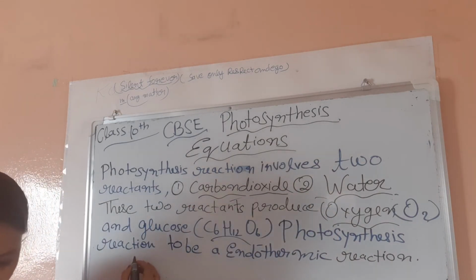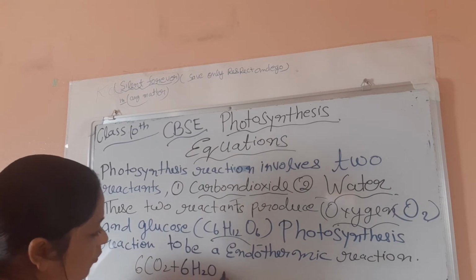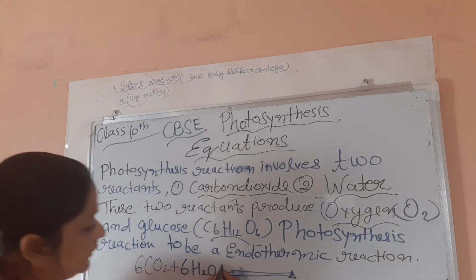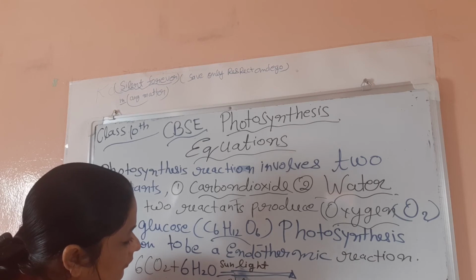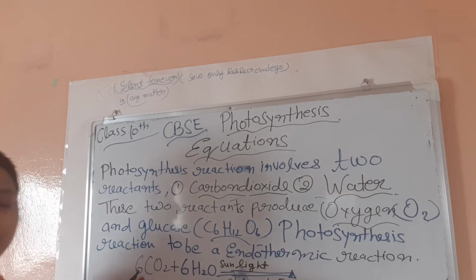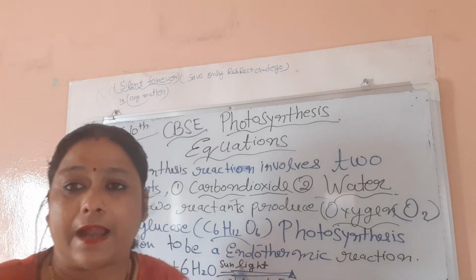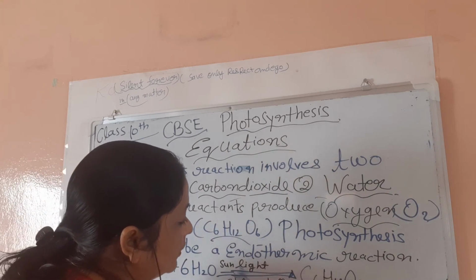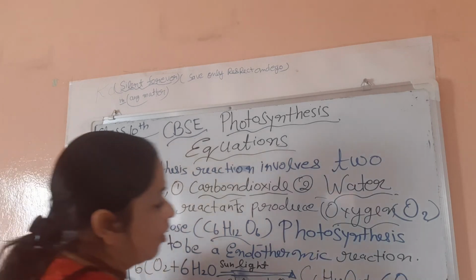Here, 6CO2 plus 6H2O react in the presence of sunlight and chlorophyll and yield two products: C6H12O6, glucose, and oxygen is released. So this is the equation of photosynthesis.